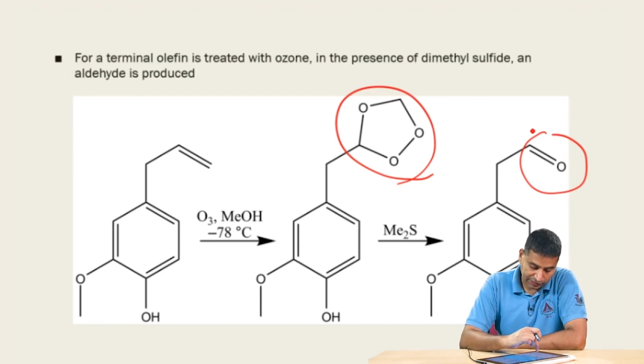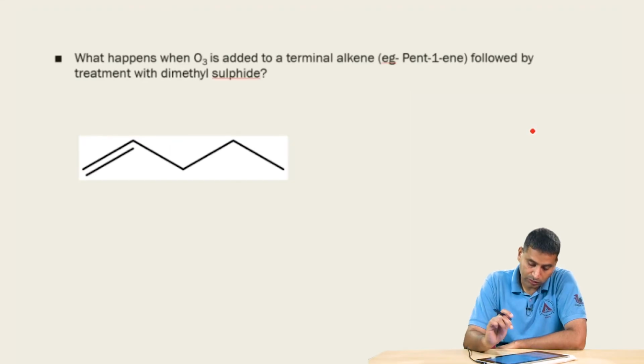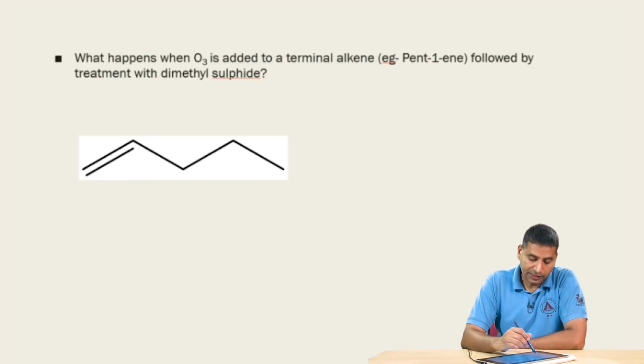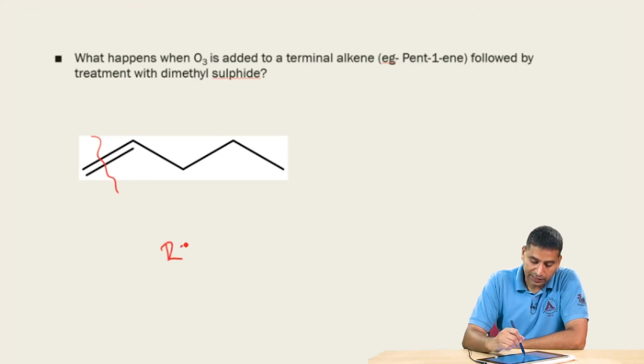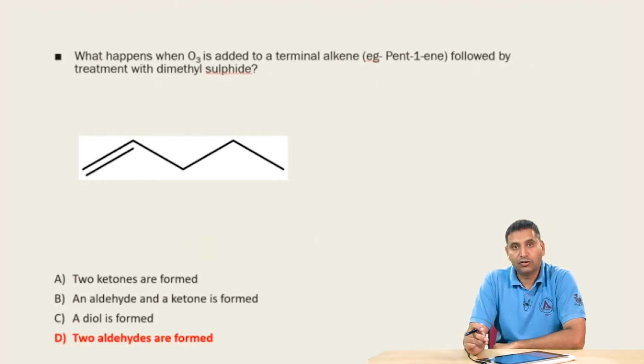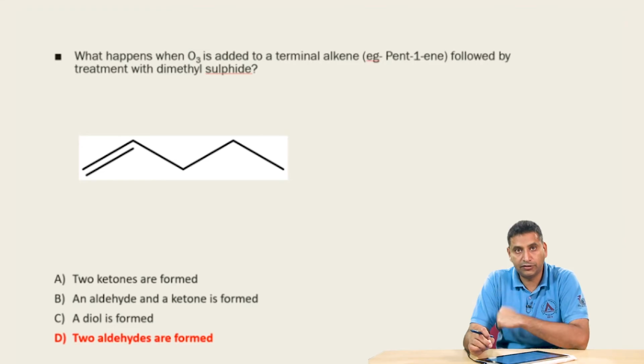So, therefore, the correct answer is you would get 2 aldehydes when you react a terminal olefin. So, now to address the question, 1-pentene has the following structure. Okay. So, when 1-pentene is reacted, what you would get is this carbon-carbon double bond is broken and you would get an aldehyde plus formaldehyde here. Okay. So, the correct answer is 2 aldehydes are formed.